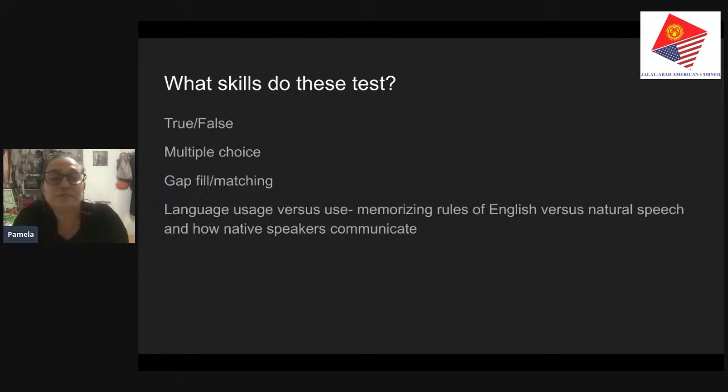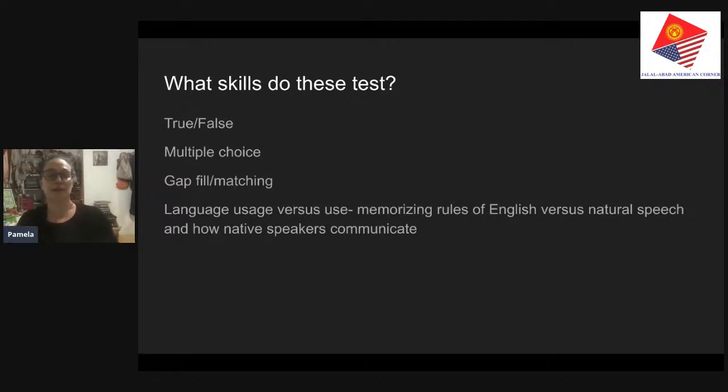Gap fill and matching, there can be a little bit of guessing. It's a little bit more accurate, but you don't want to rely just on these kinds of things, because there can be a lot of guesswork and not a lot of displaying how they got to those conclusions.